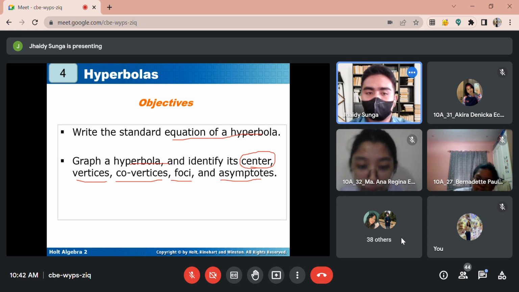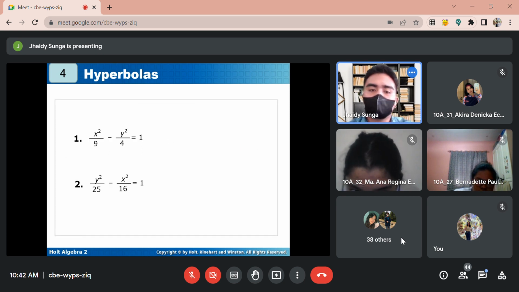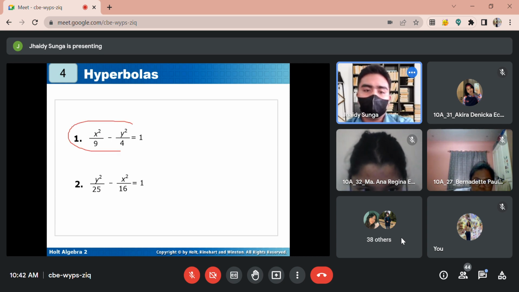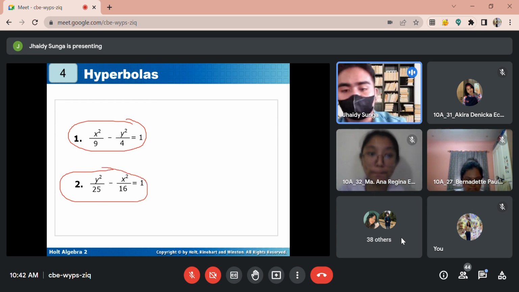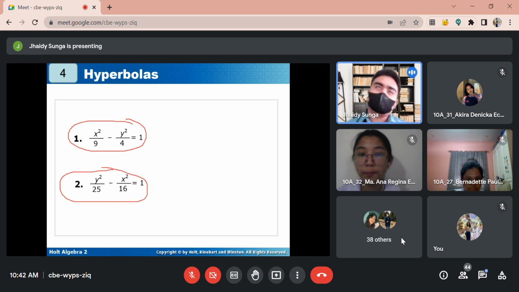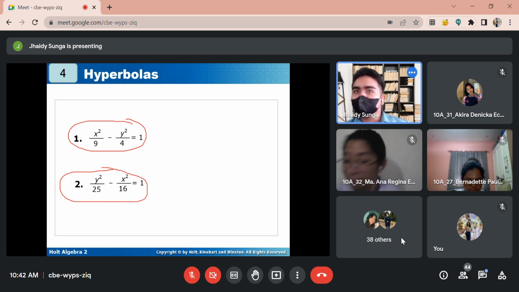I have a given here in standard form of hyperbolas, and with this standard form, I taught you a while ago how to convert it to general form, correct?